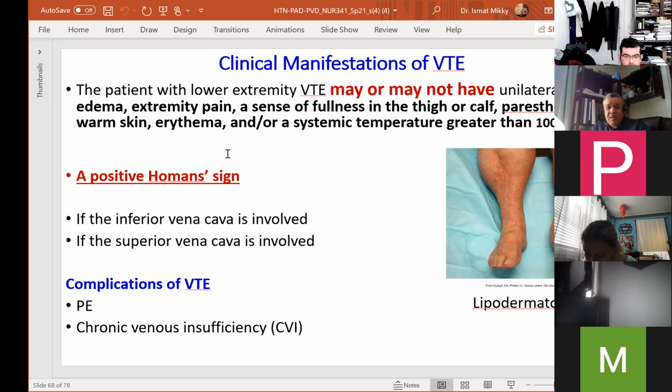You'll see it in the neck, back, and face. So that's the IVC versus the SVC. If the inferior vena cava, IVC, is involved, then the legs may be edematous, swollen, and cyanotic. And if the superior vena cava, SVC, is involved, then the symptoms may occur in the arms, neck, back, and face.